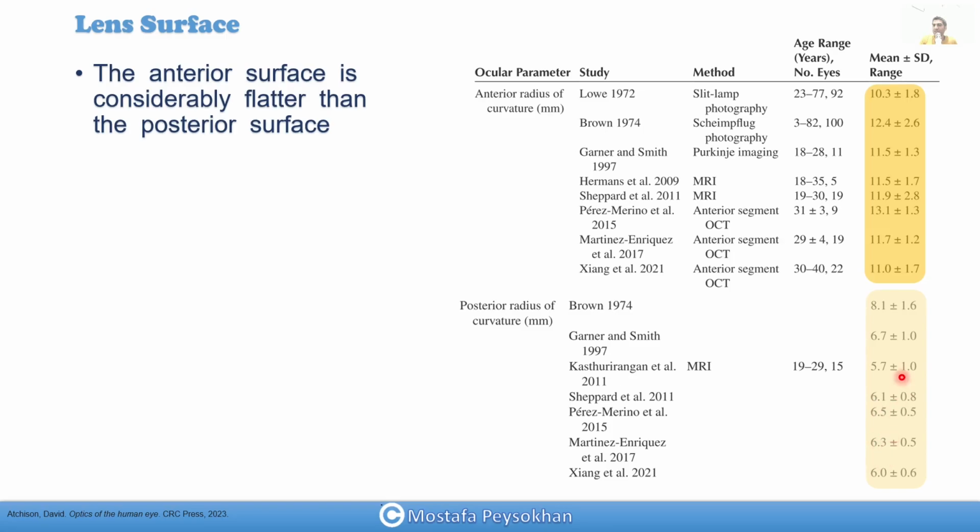When we look at the range, 6.7, 5.7, 6.1, the numbers are a little bit smaller than those. So we can say the posterior surface has lower radii of curvature, as we can see here, and this one has higher radii of curvature. So it means this one is closer to being flat because it has a higher radius of curvature. As I always mention, for a flat surface, the radius of curvature is infinity.